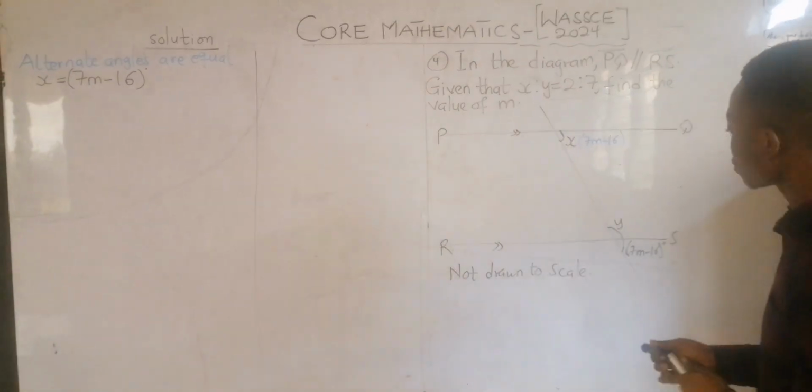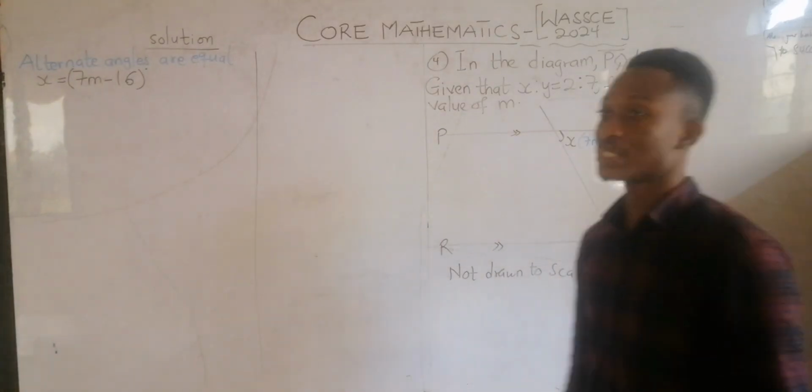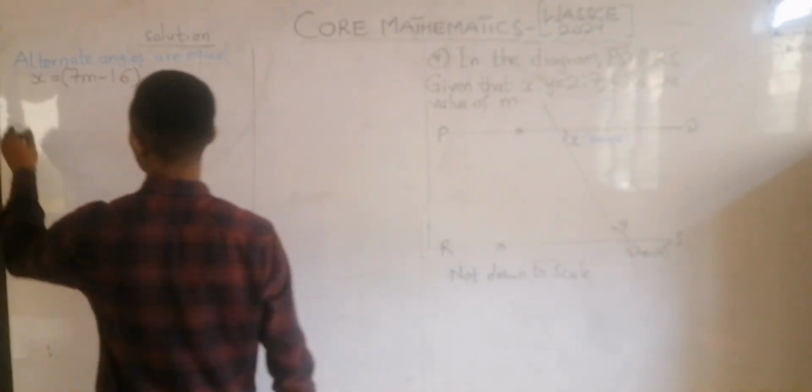Also, y and 7m minus 16 are on a straight line, and angles on a straight line add up to 180.